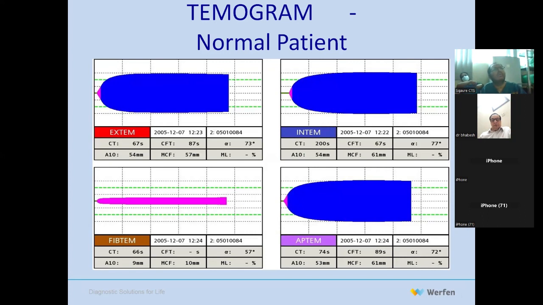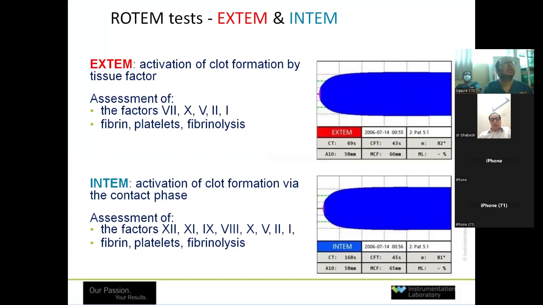So this is a thermogram actually. The thermogram of a normal patient looks like this. We get the XTEM, INTEM, FIBTEM, and the APTEM, and these all are in a normal range. In case of the XTEM, the activation of clot formation by the tissue factor, we can assess factors 7, 10, 5, 2, 1, like fibrin, platelets, and fibrinolysis.